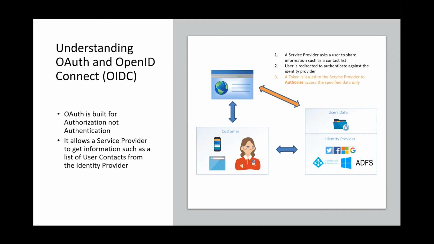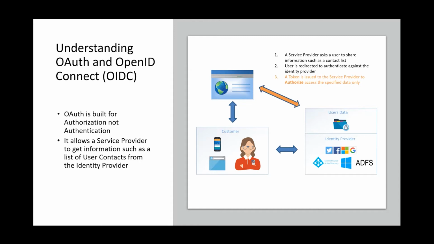Could we post something on your Facebook wall to say that you like this, or can we access your contacts? And my user says, yes, I'd like to do that. So this performs a redirect using OAuth, and if it's redirecting to Facebook to post on the Facebook wall, I'm redirected there.